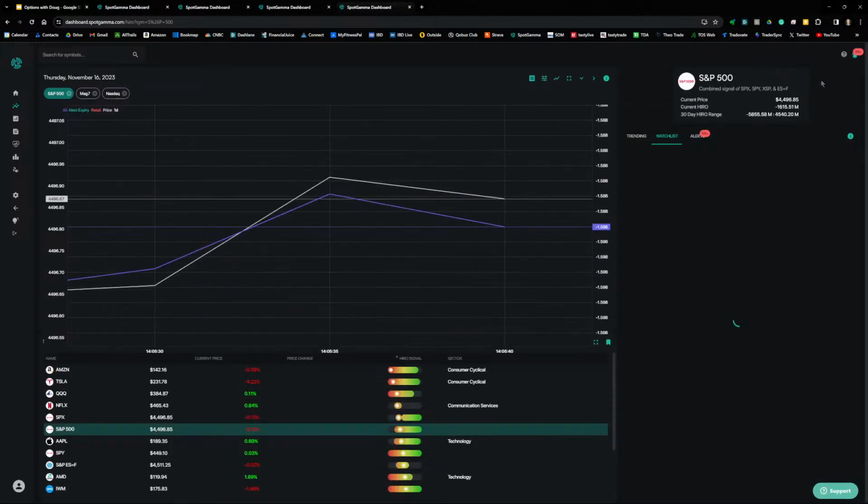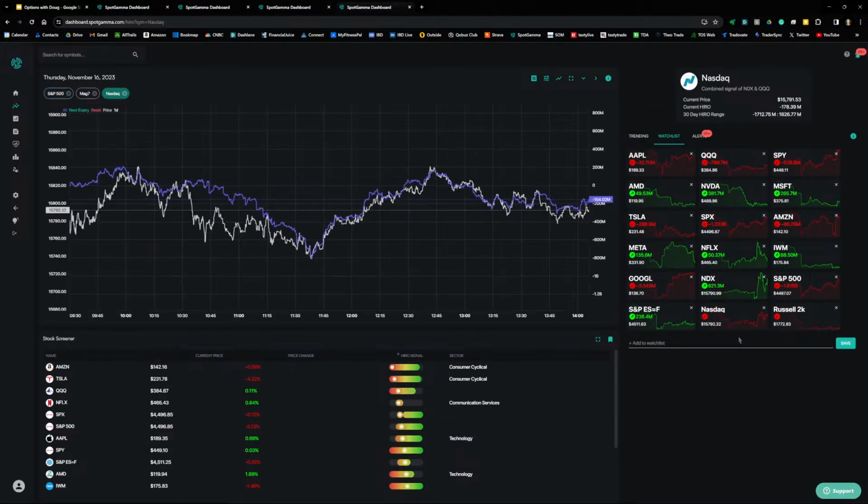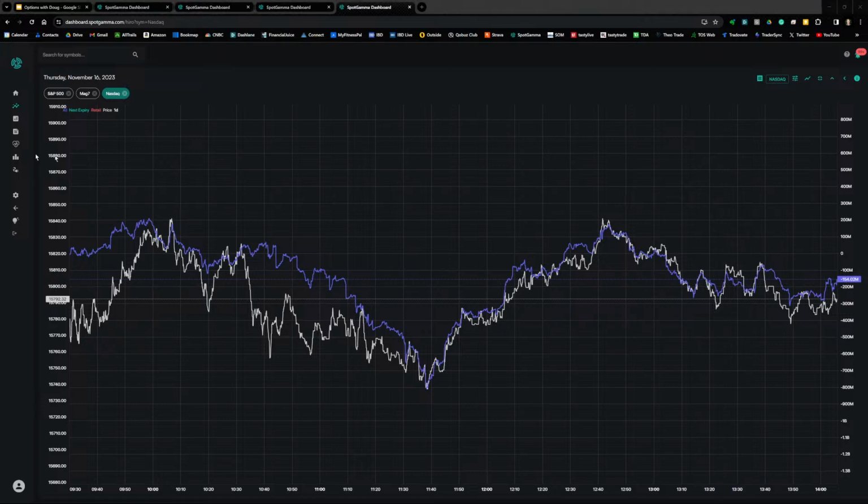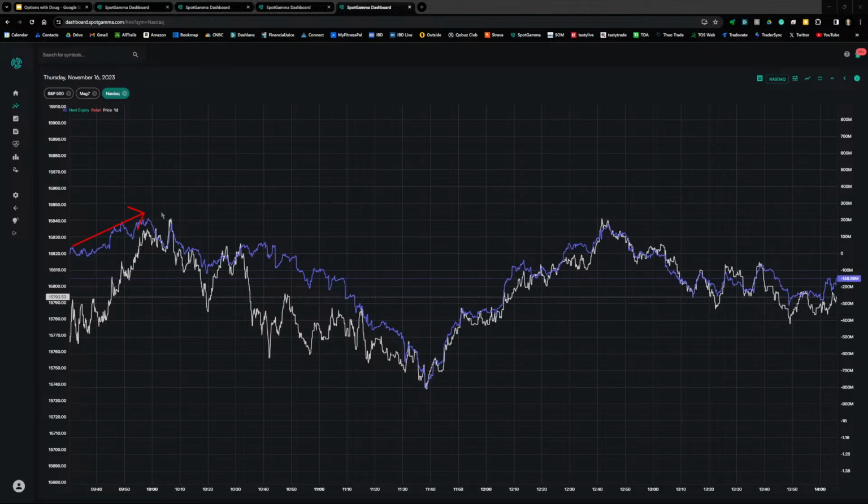All right, let's take a look at the NASDAQ now. So just like the S&P 500, this is a combined signal for NDX and QQQ. You can see the clear shift in options trades and hedging activity. Starts to shift lower right at 10 a.m. And here's that, I guess, more clear entry point.